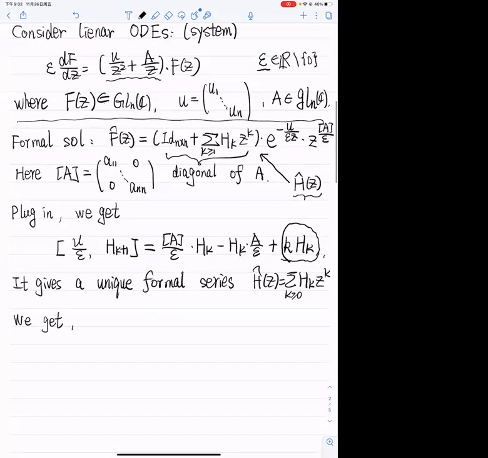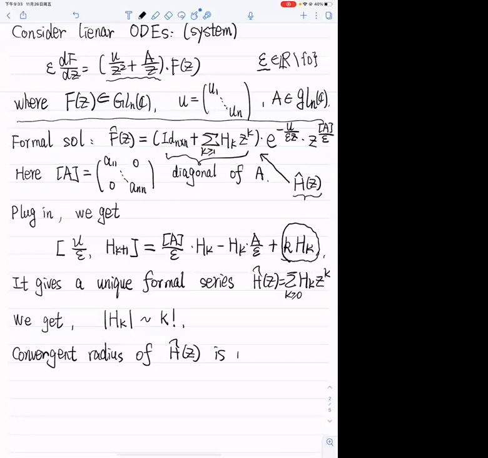Therefore, we see that the matrix norm of each Hk is more or less k factorial. So it means that in general, the convergence radius of this formal sum is 0.